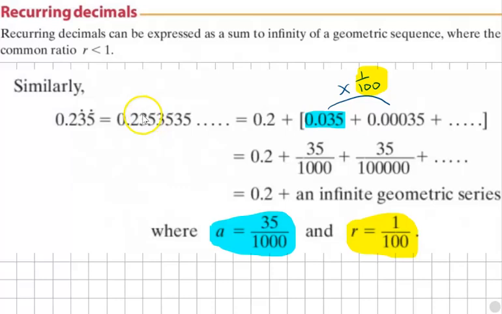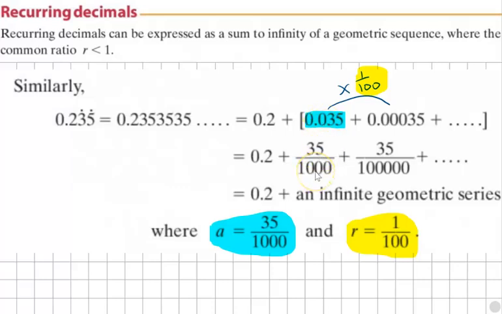So that will represent the first 35 digits. And then we add on 0.00035. So that represents the second set of 35 digits. And then we would be adding on 0.0000035, which would represent the third set of the 35 digits, and so on.